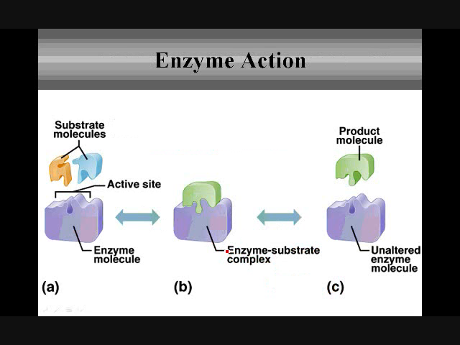So this is just kind of a picture showing you exactly what I'm talking about, that you have a particular shape of the enzyme, and the molecule is going to be meant to fit specifically in there. So in this case, what we actually have is the enzyme, which you see in purple, and we have two separate substrate molecules.